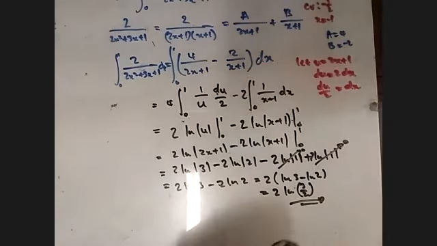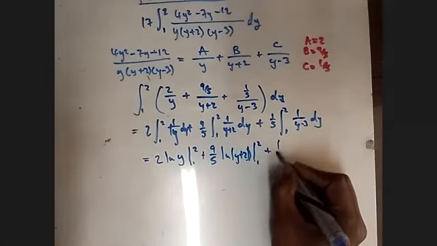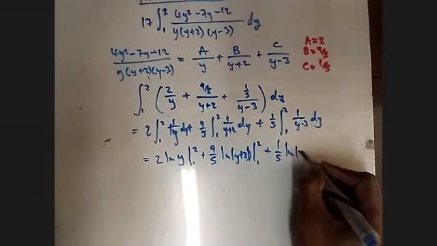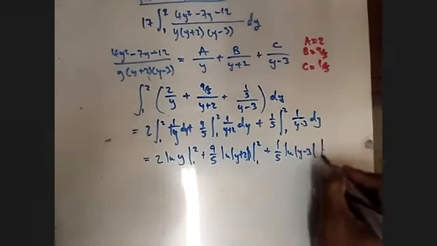Okay, so this becomes 2 ln of y from 1 to 2 plus 9/5 ln of y plus 2 from 1 to 2 plus 1/5 ln of y minus 3 from 1 to 2.